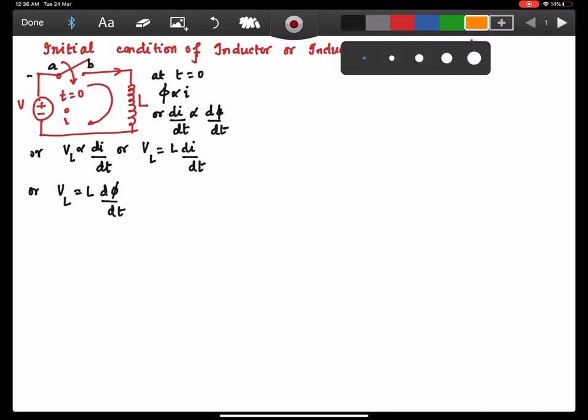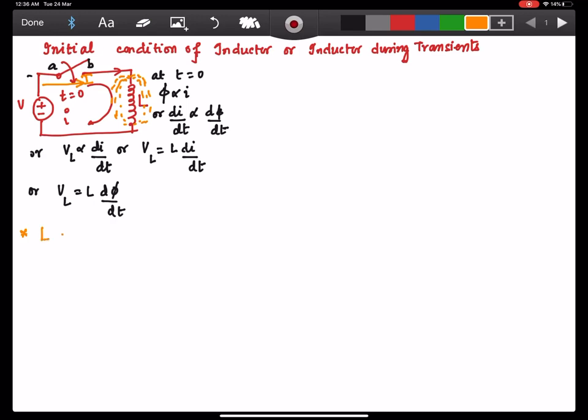Until the inductor reaches its value of flux, this flux will be expanding. The amount by which it is expanding, the same amount it will oppose the current I. So we can conclude that the inductor opposes the rate of change of current.